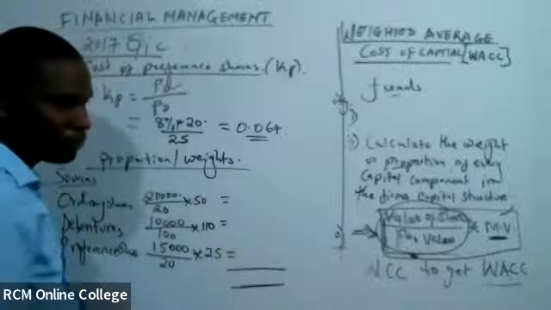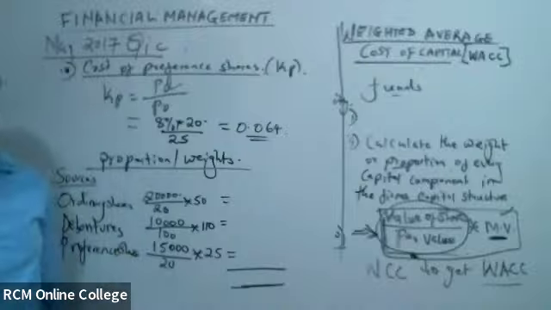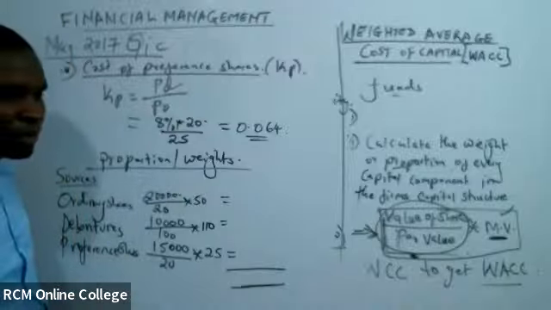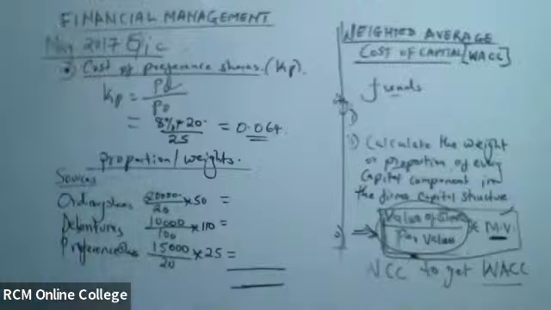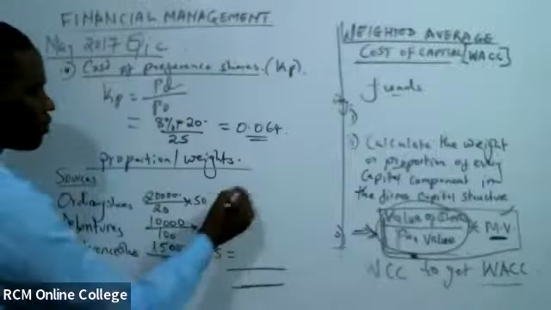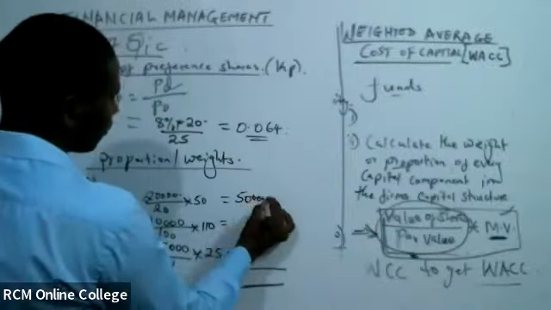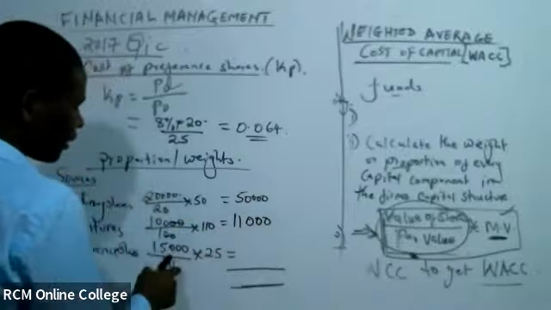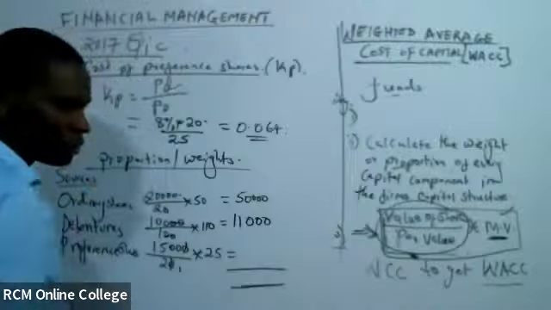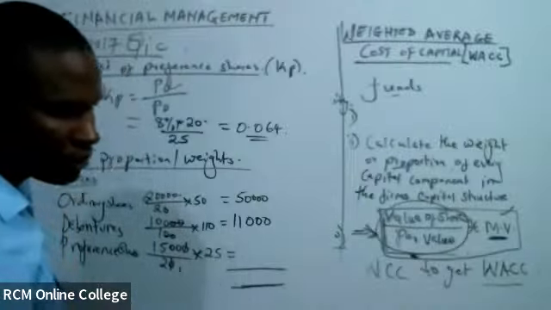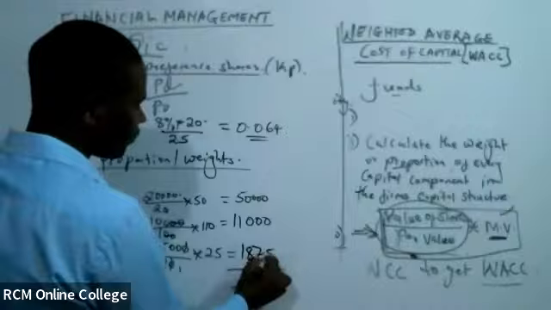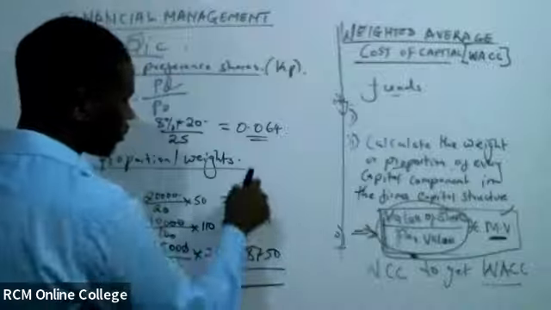What does the first one give? Ordinary share gives 50,000. The debenture we can cancel and get 11,000. And the last one gives 18,750. We get 18,750, and then give me the total.